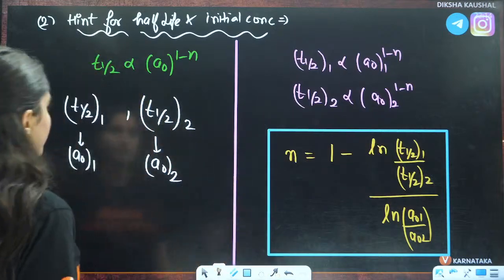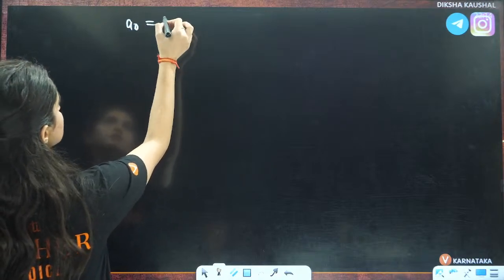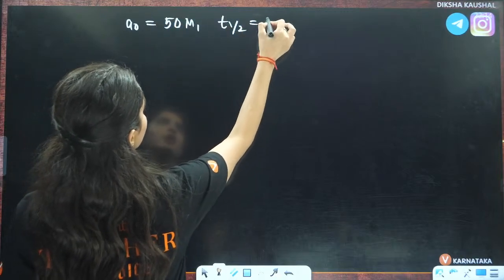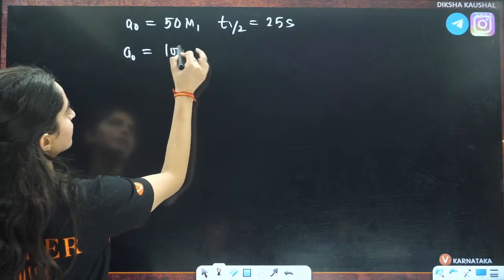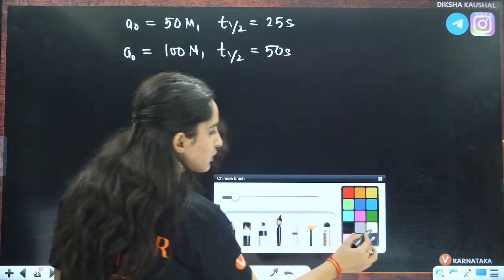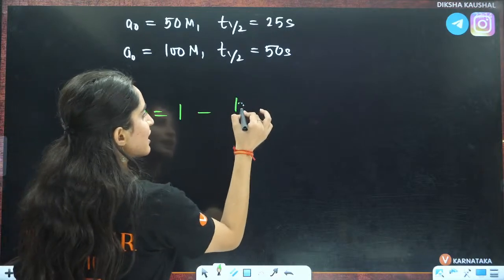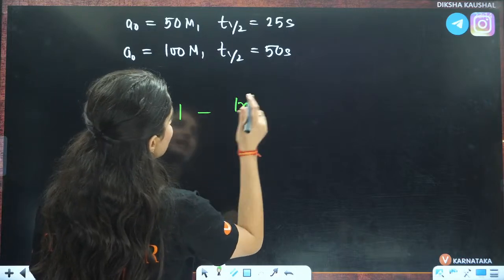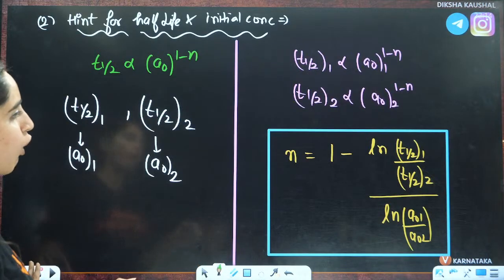For example, they have given you that when A naught was 50 molar, T half was 25 seconds. When A naught was 100 molar, T half was 50 seconds. What is the order of the reaction? So what you will write: n is equal to 1 minus log, taking log on both sides.